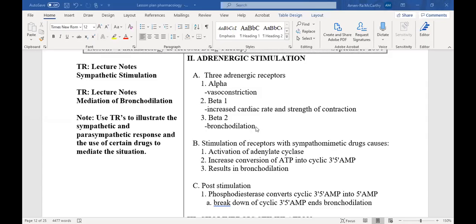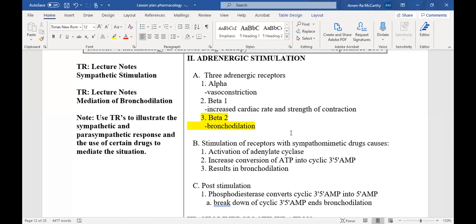Bronchodilation. Bronchodilation. And this is the one that we want. Beta 2 gives us bronchodilation. That's what we want. So if we're having problems, we want to find a drug that is beta 2 heavy, right?